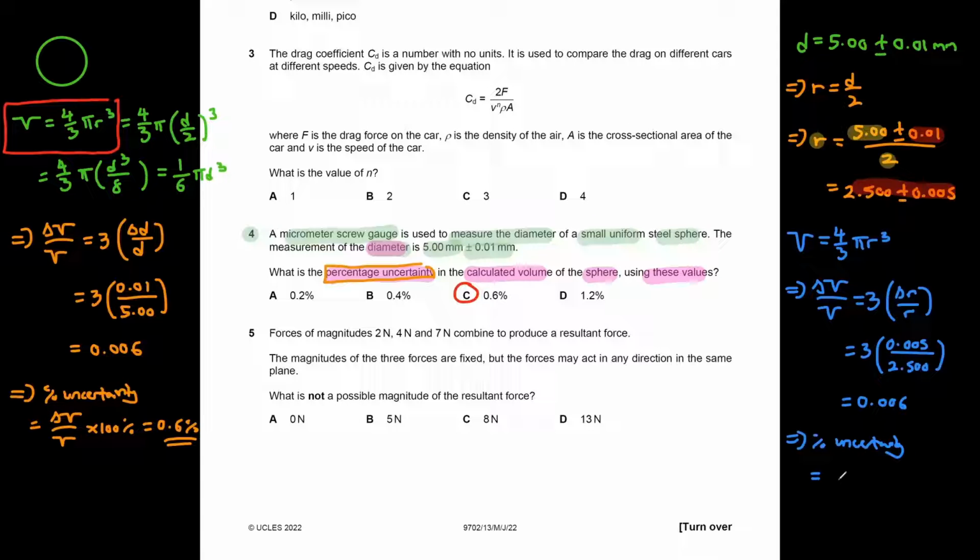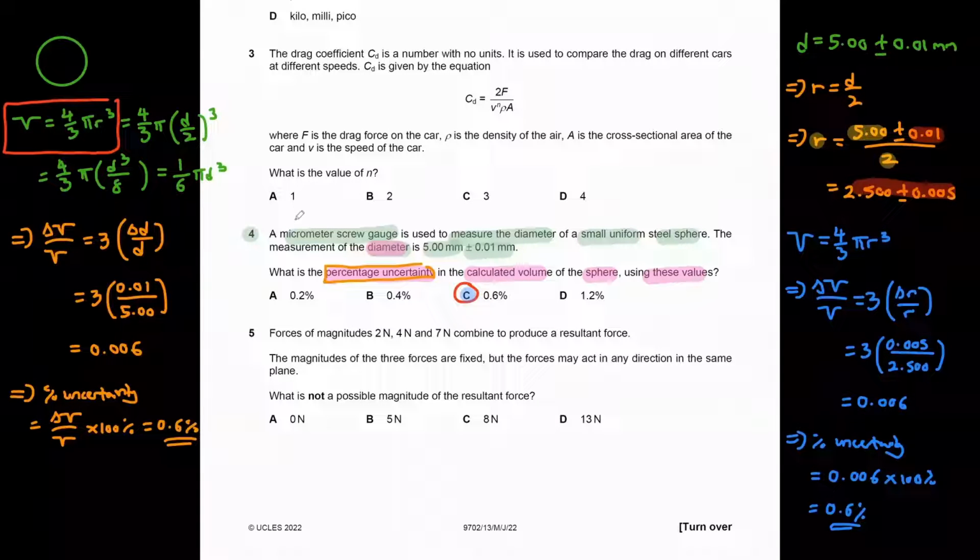It will actually be 0.006 times 100%, giving you 0.6%, which is actually the same answer as before. You can use either method, but as a rule of thumb, it will be better to just use an equation that already has the variables from the question inside. Like when I find the volume and I use 1 over 6 pi d cubed, I could have just straight away used the values from the question without having to do any further calculations. So this method is actually more straightforward in a way.